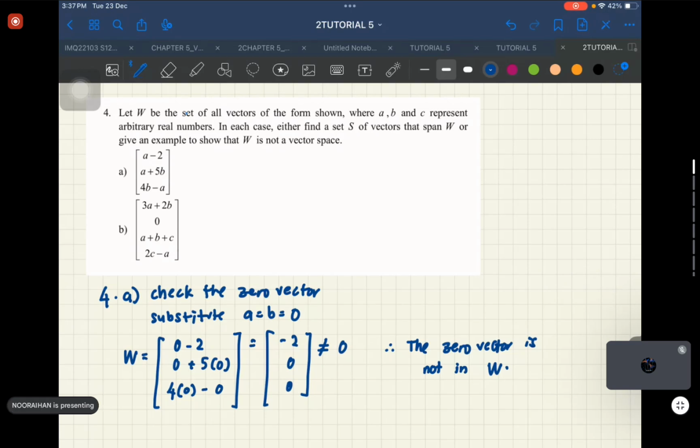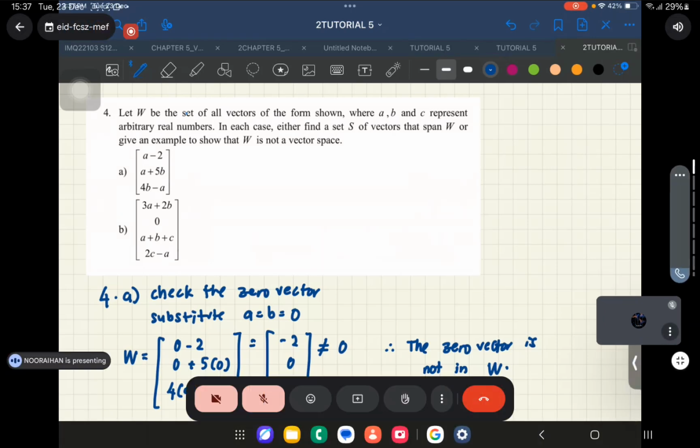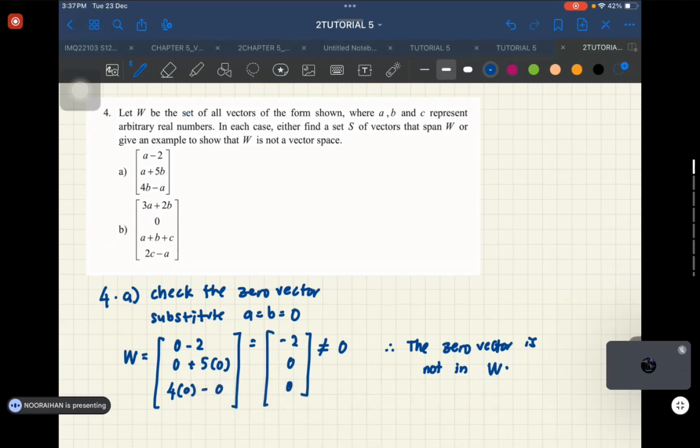If the zero vector is not produced, stop immediately and conclude that W is not a vector space.